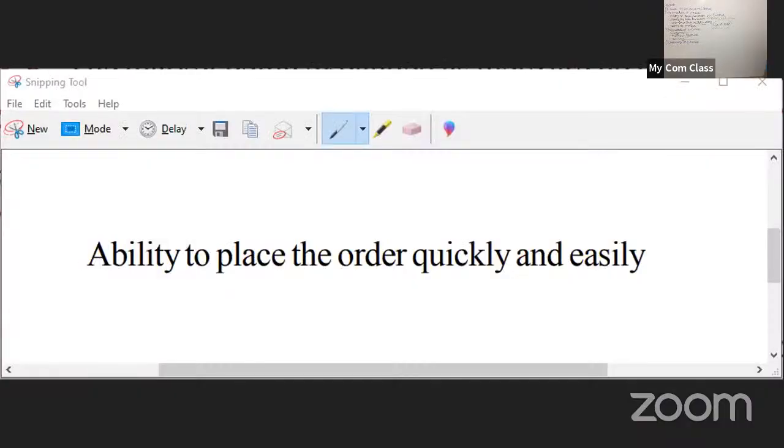Next point, ability to place the order quickly and easily, which means save your time, right? Target කාලේ ඉතිරි වෙනවා. Quick and easy, right?